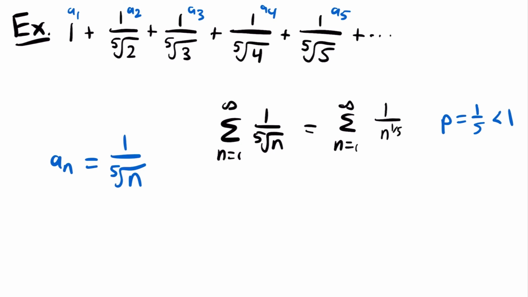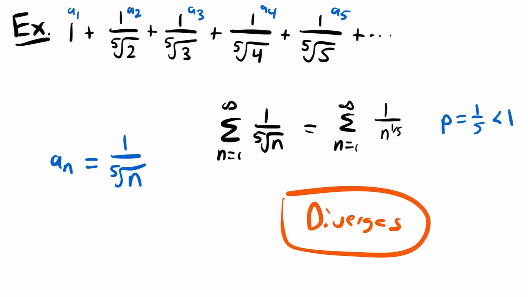All right, and so since our value of p is less than 1, then we can conclude that this series diverges. Okay, so we were able to find the p-series that represents this sum of terms, and because of the value of p, we can say that series diverges. Let's look at one more example of a p-series for this video.